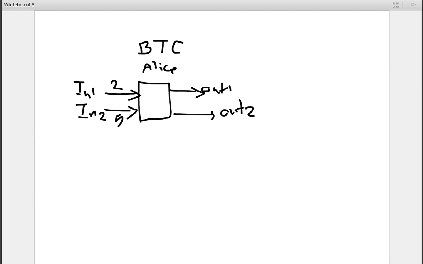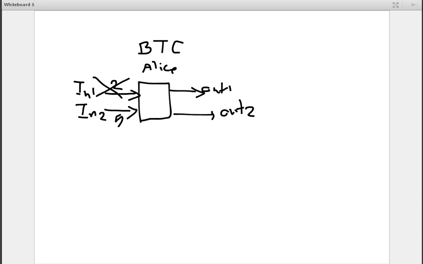Now the balance is 7, but the balance is not kept. If Alice wants to spend money, she must say that I want to spend this incoming transaction.